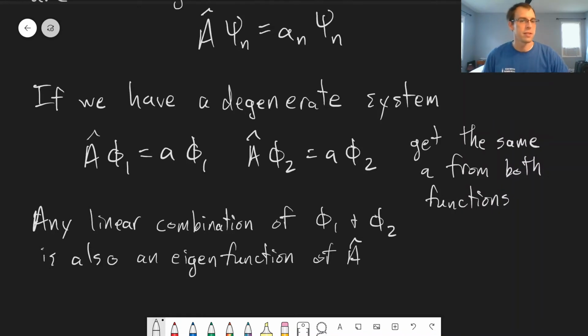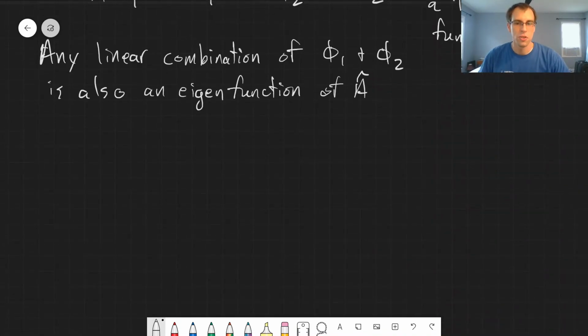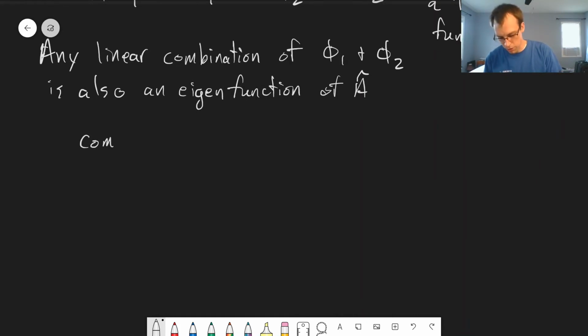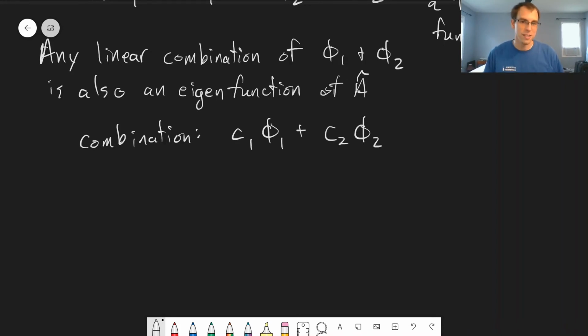Let's show that that's true and what we mean by that. Some linear combination would look something like this, where we take some constant, C1, times wave function 1, plus C2 times wave function 2. And C here can be positive, negative, even complex, but it's a number, a constant. This is a way of combining phi 1 and phi 2.